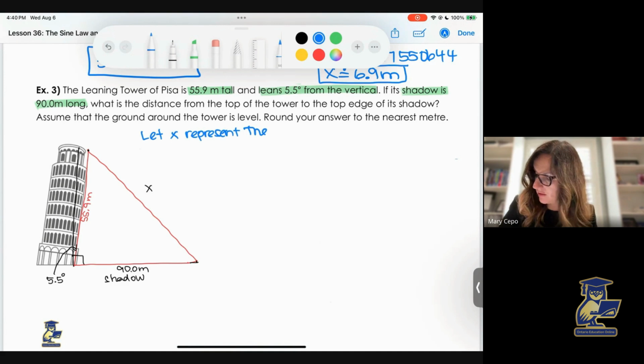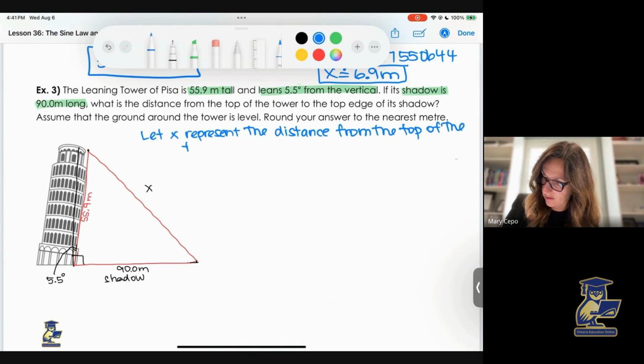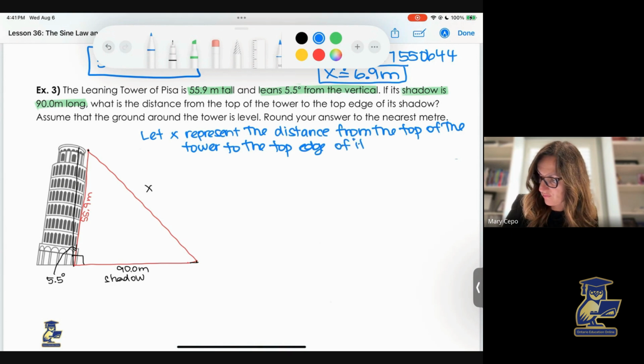Whenever you use a variable, we want to make sure that we have a let statement. What does it represent? The distance from the top of the tower to the top edge of its shadow.